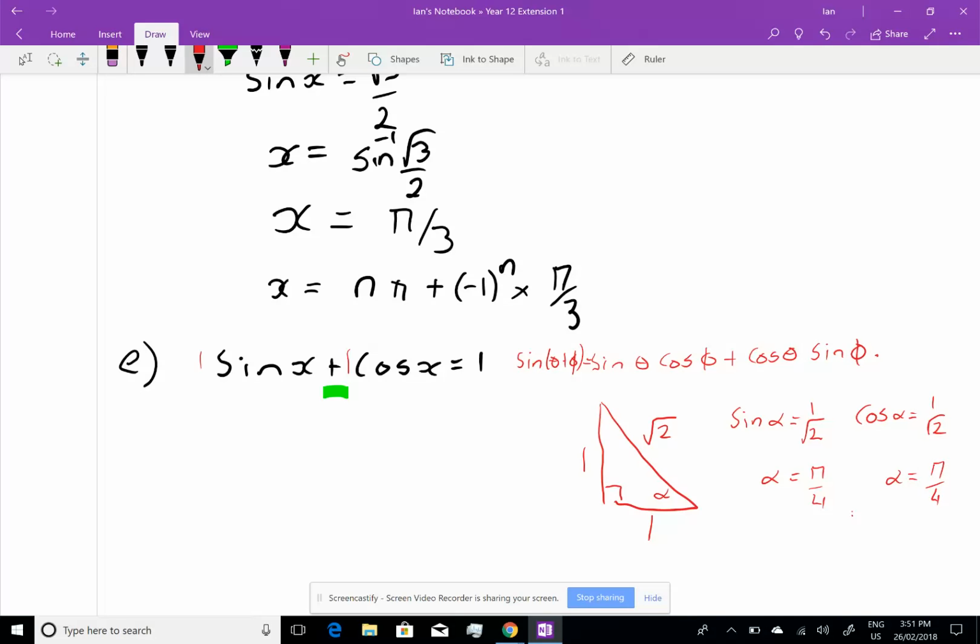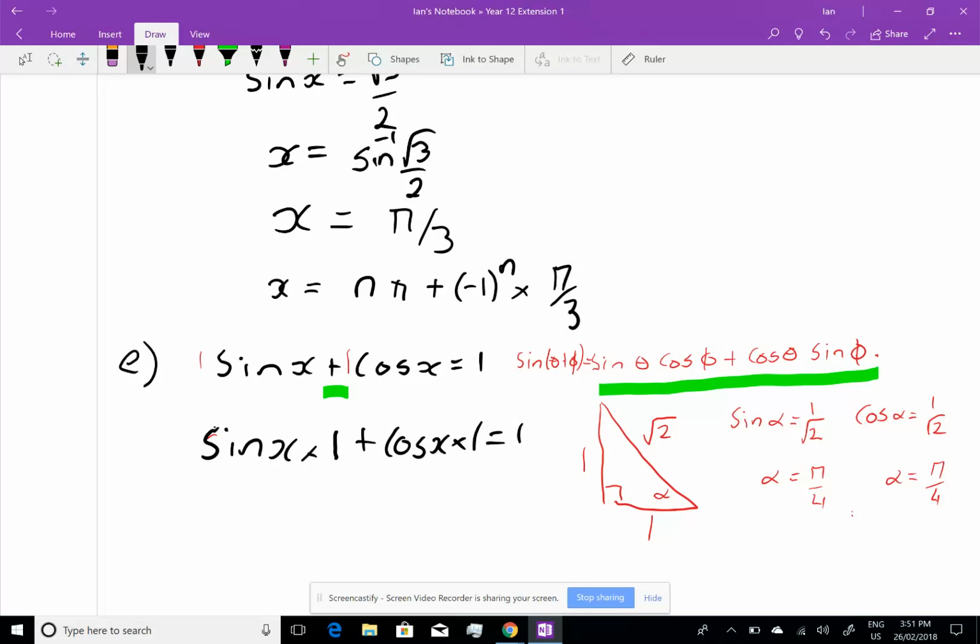Now, I want it to look like sine theta cos phi. So I'm going to rewrite this equation, also in black: sine x times 1 plus cos x times 1 equals 1.